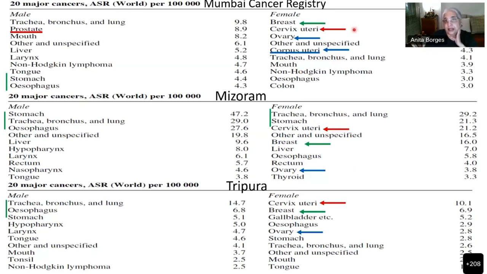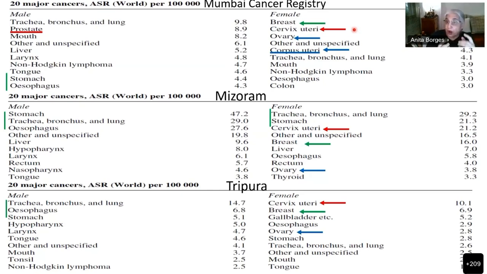It is breast, 32.7. And once upon a time, let me tell you, the figure 32.7 in Mumbai was for cervix. And now, 25, 30 years down the line, it has switched. Breast has become the leading cancer in females in Mumbai. All right, it has switched places with cancer of the cervix. So we know about trends.